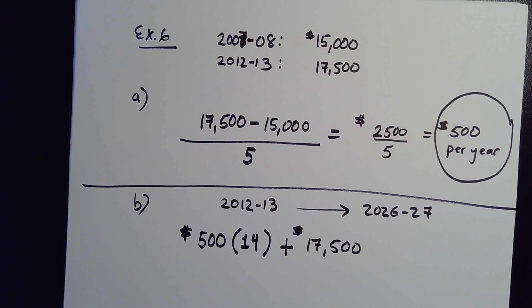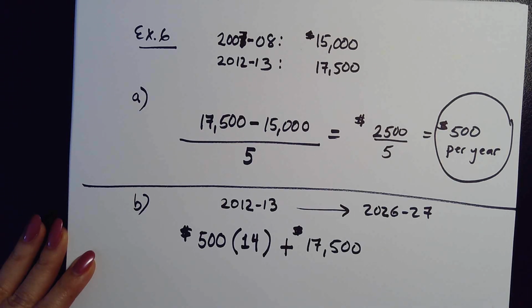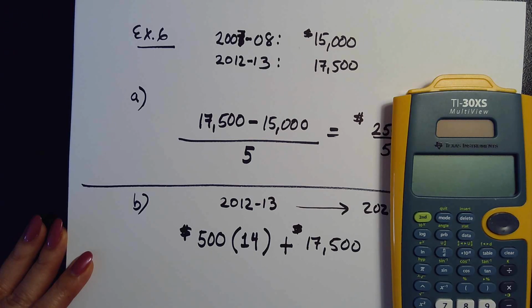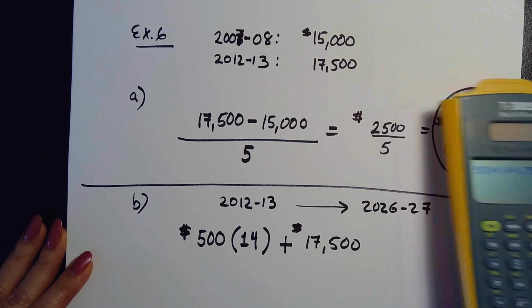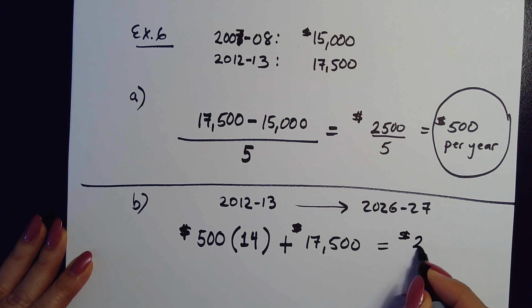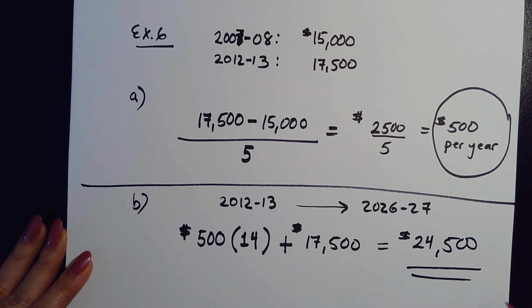If the tuition continues to increase by $500 per year, what do you expect 14 years from now? Well, it is now $17,500. Then I'm going to add this to it. So 500 times 14, plus 17,500, is going to equal 24,500. So you expect tuition to be $24,500 in the academic year 2026-2027.